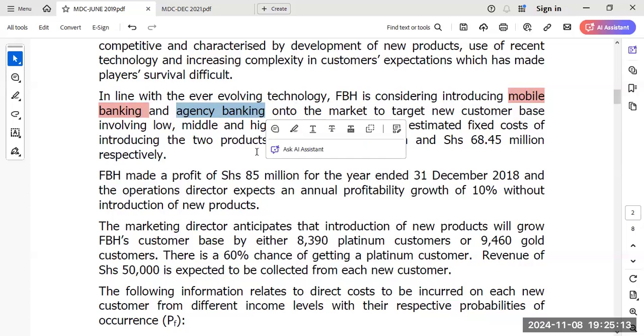I know that these are my two products now. Remember, you have options. You have the option to introduce mobile banking or agency banking. These are just your decision alternatives, okay?